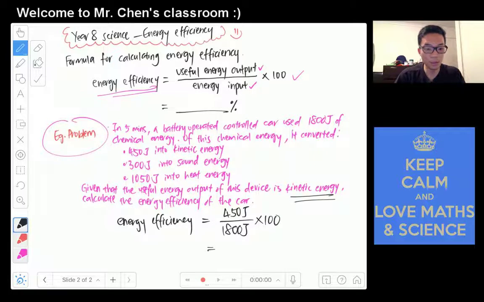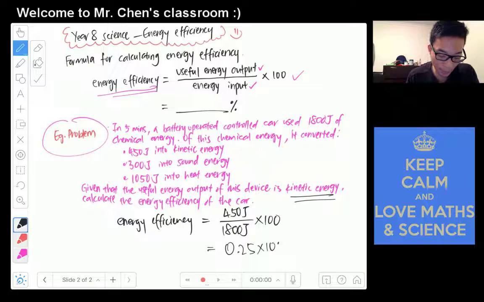Using your calculator, 450 divided by 1800 is 0.25, but you have to multiply that by 100, which will give you 25%.